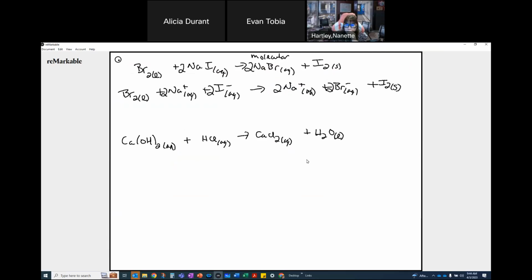Well, I know that calcium is an alkaline earth metal, so that charge is +2. That's correct. But it has to stay with this hydroxide. Yes, it has to stay with this one.